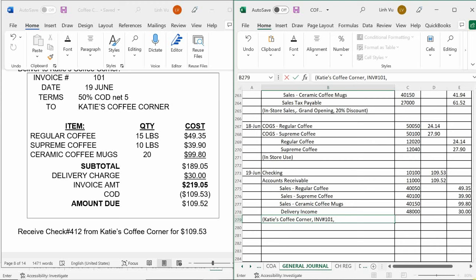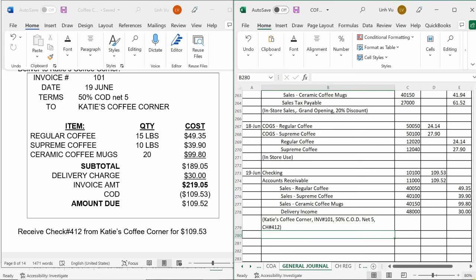What is it? 50% COD net 5. And did she pay me the 50% down? Yes. With a check number? 412. Perfect. So that's exactly all the information that we need for this transaction.